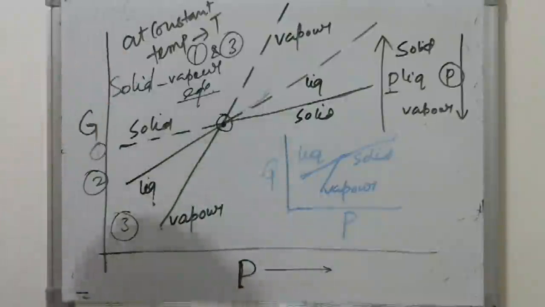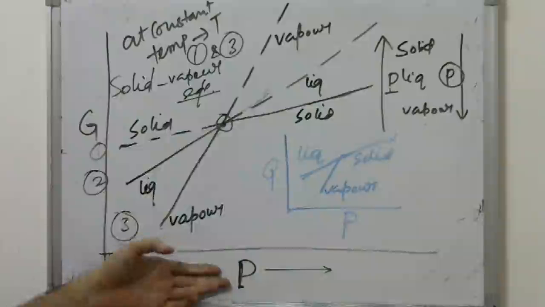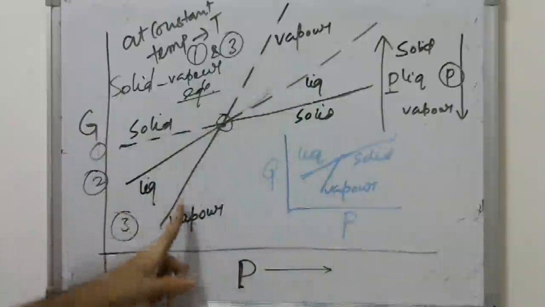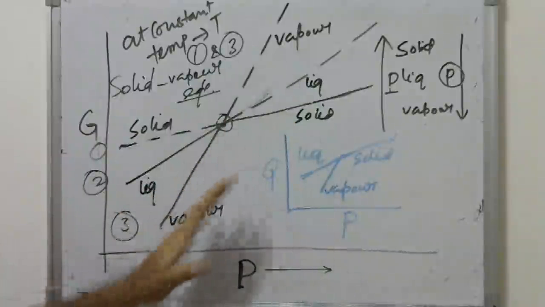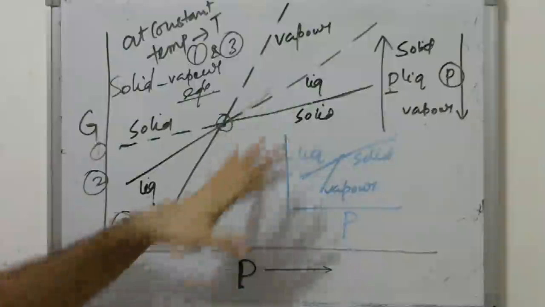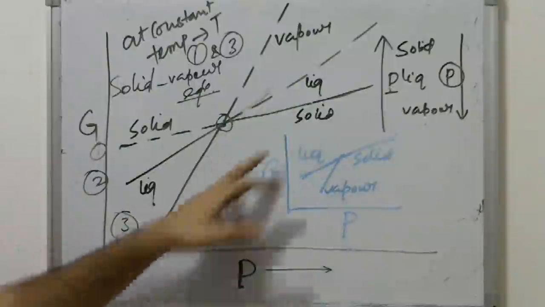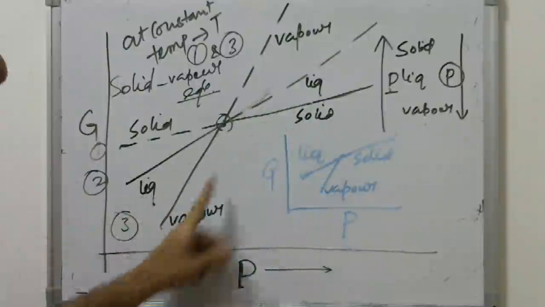What does this point mean? It means that for a given temperature and a given pressure, the solid and the vapor are at equilibrium with each other. No change. The solid will remain solid and the vapor will remain vapor. This is what we talked about in the earlier slide. So it's a vapor-solid equilibrium.